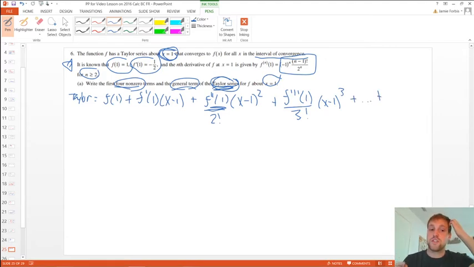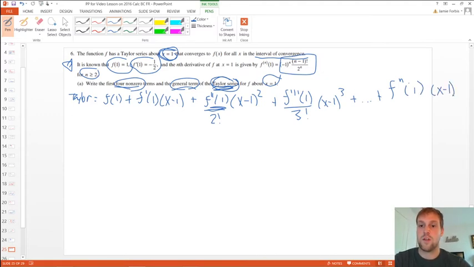This is just a formula for Taylor series that we have memorized. The Taylor series is the sum of f to the nth derivative of my center 1 times x minus 1 to the nth power, whatever term I'm at, all over n factorial, and it starts off with n equals 0.